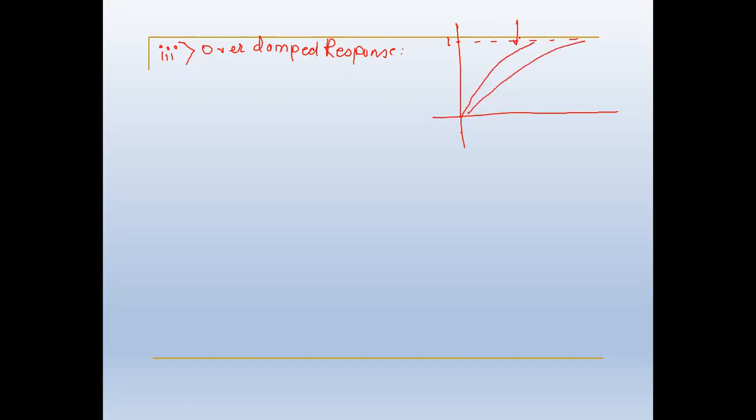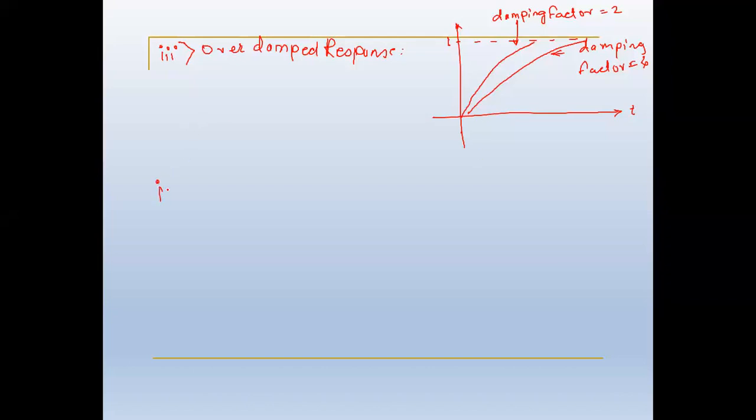If the damping factor is equal to 2, or if the damping factor is equal to 4, and so on. Any small change in the circuit parameter will prevent the damping, and the overdamped response for the different damping factors can be shown like this.